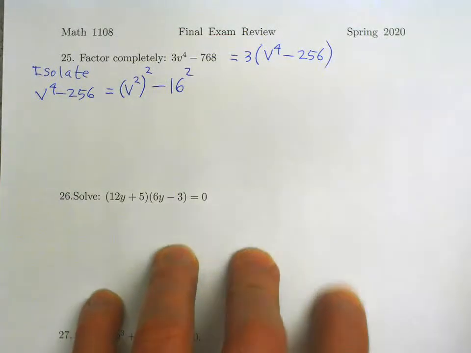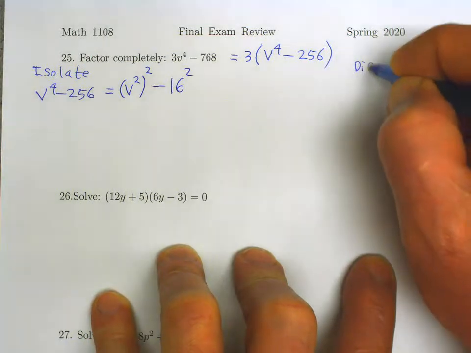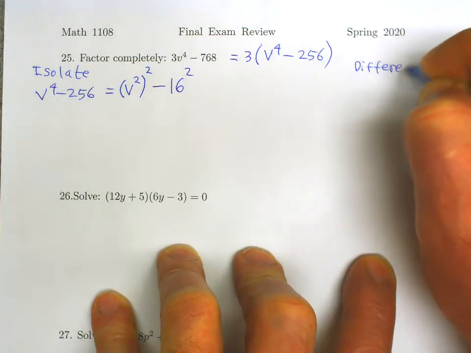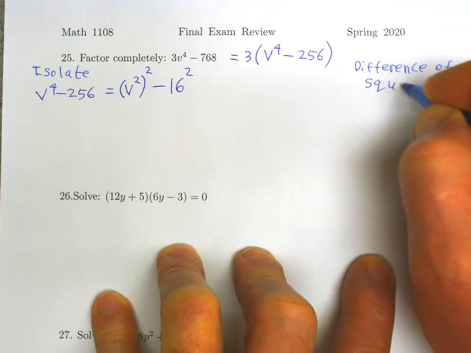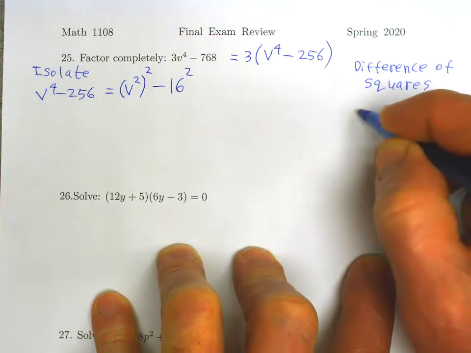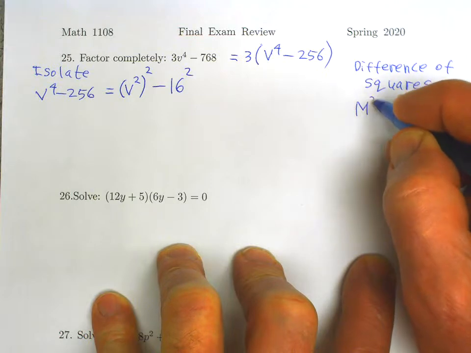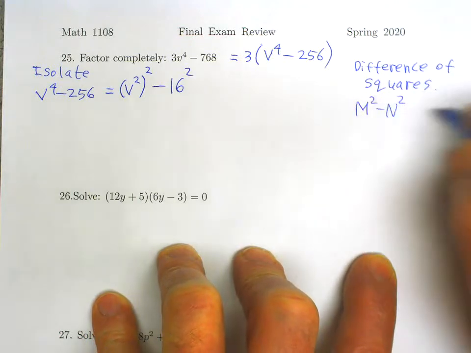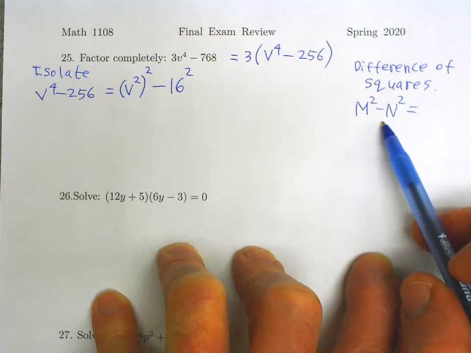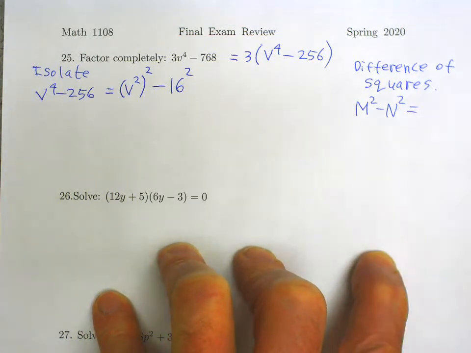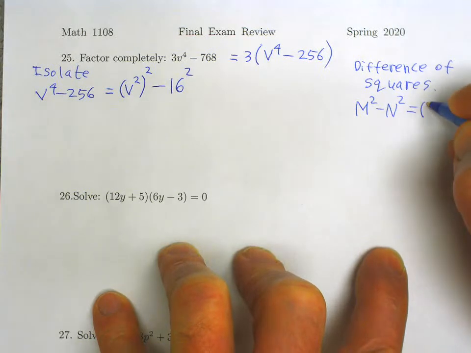Okay, so I'll remind you of the difference of squares factoring formula. If you have m to the second minus n to the second, it's called a difference of two squares because you're subtracting one thing squared from another thing squared. One factor is m minus n.